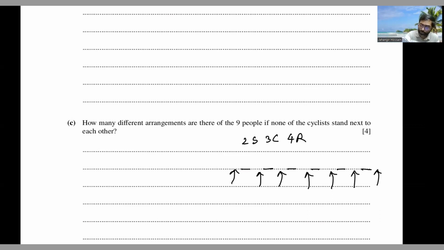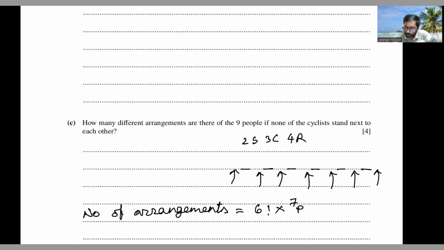So what we are finding here is first the number of arrangements of the people except the cyclists. We have six different people apart from the cyclists, so we can arrange them in factorial 6 ways. Then we have seven possible positions for the cyclists.